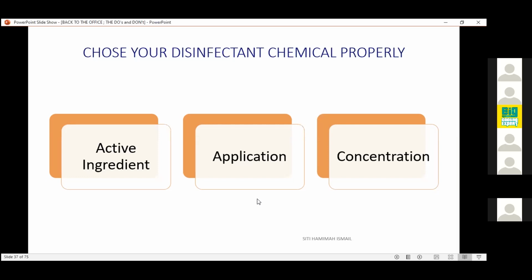My cleaner used Clorox, and they don't even look into the concentration when splashing it. They just watch. At the end of the day, she herself fainted. She didn't turn on our exhaust fan. That is another thing. Yeah. That's why I highlight concentration here.